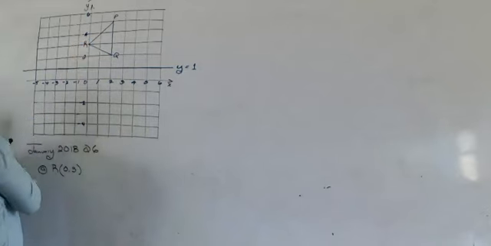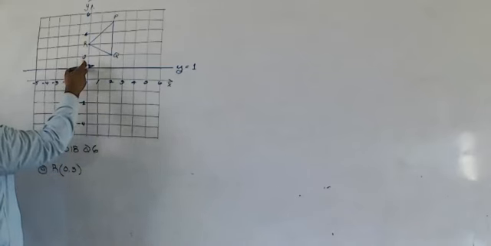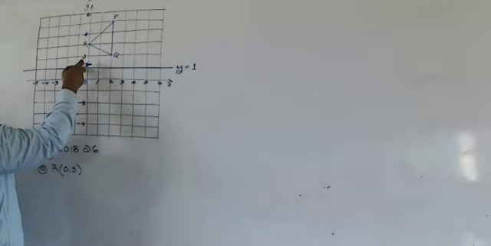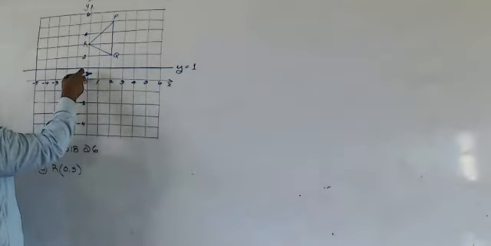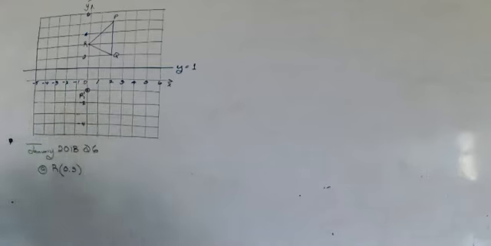So it's 1, 2. The image R prime is 2 units from the mirror line, but on the other side. 1, 2. This is the new position of R. This is R prime.